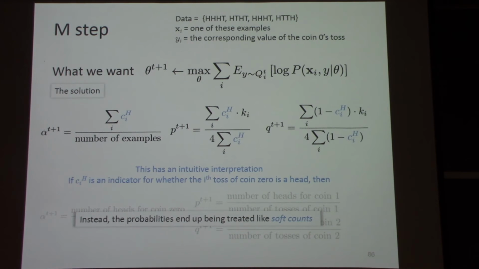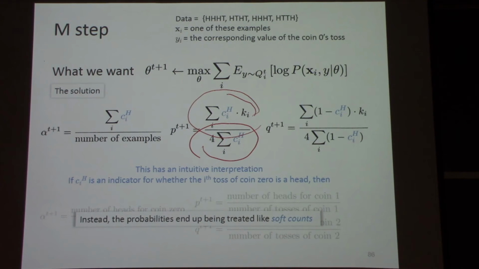So in fact, this one says, among all the examples where the first coin 0 had heads, how many heads were seen in the remaining 4?